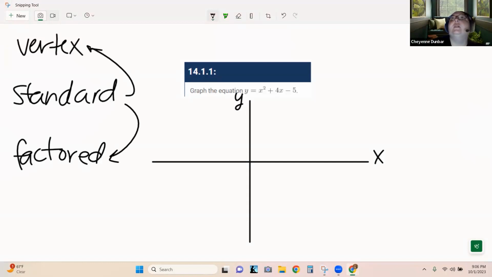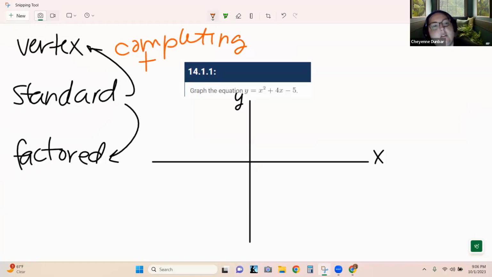The process that changes a graph from standard form to vertex form is called completing the square. We did that a couple times last time. And the processes that switch a quadratic from standard form to factored form are really just called methods of factoring.